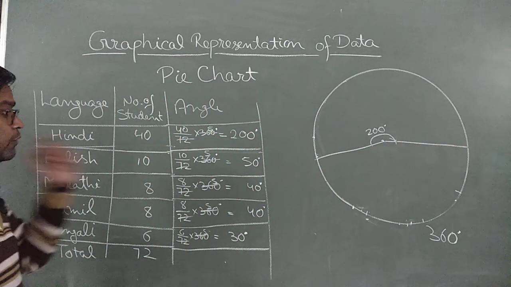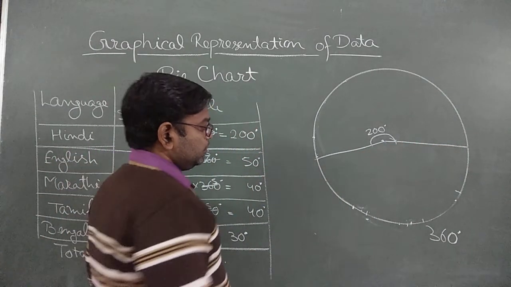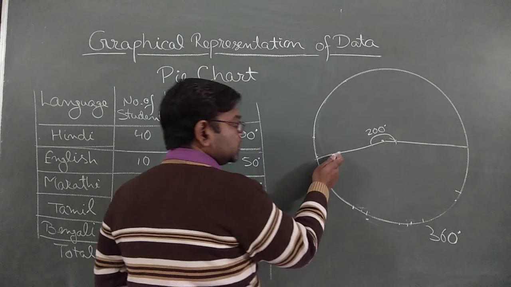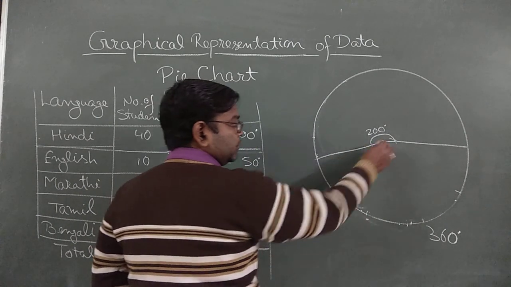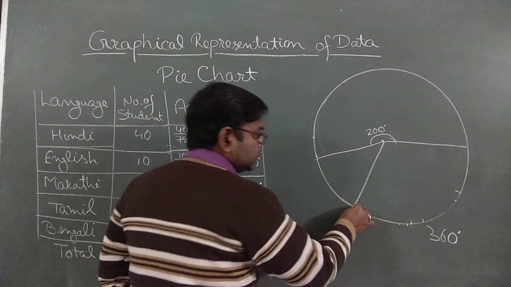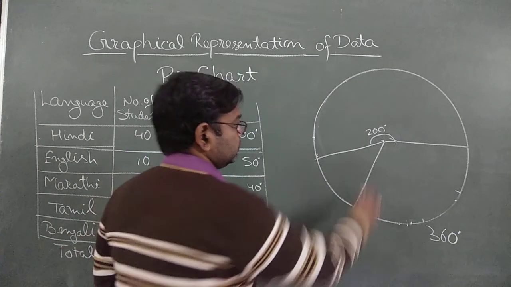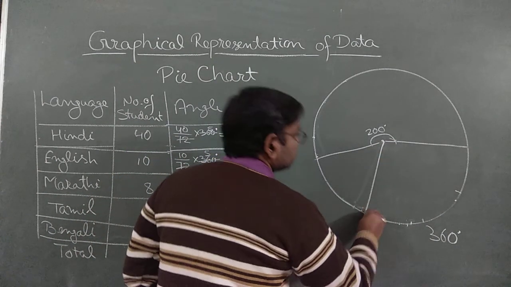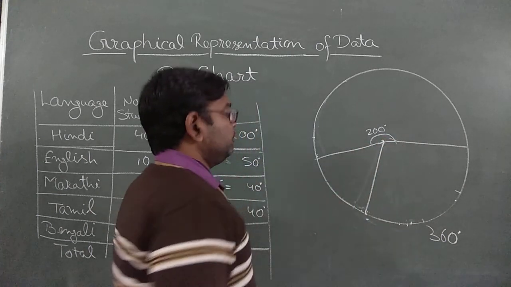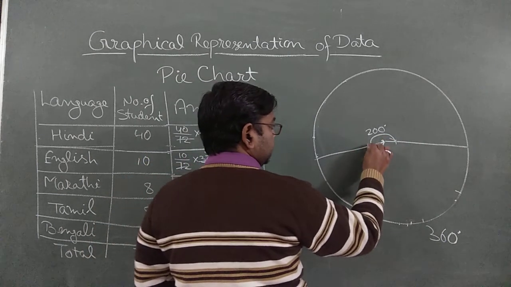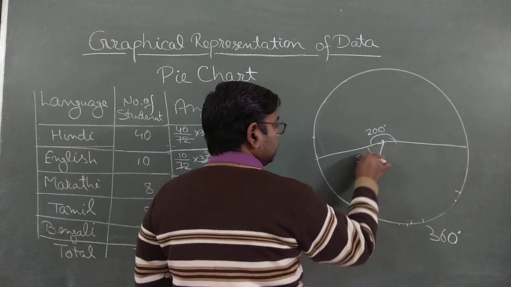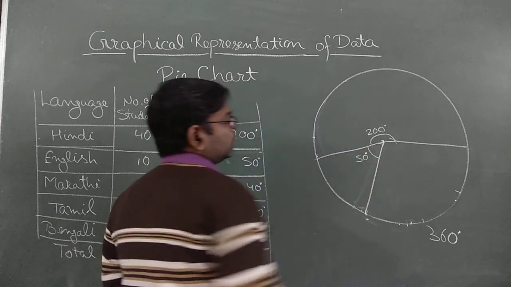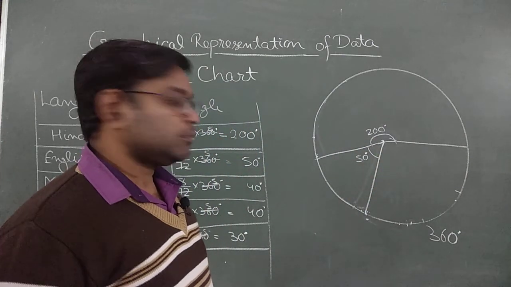Now the next one is 50 degrees. So from here, this is your initial arm for 50 degrees. This measurement must be 50 degrees. Use your protractor to draw the sector.